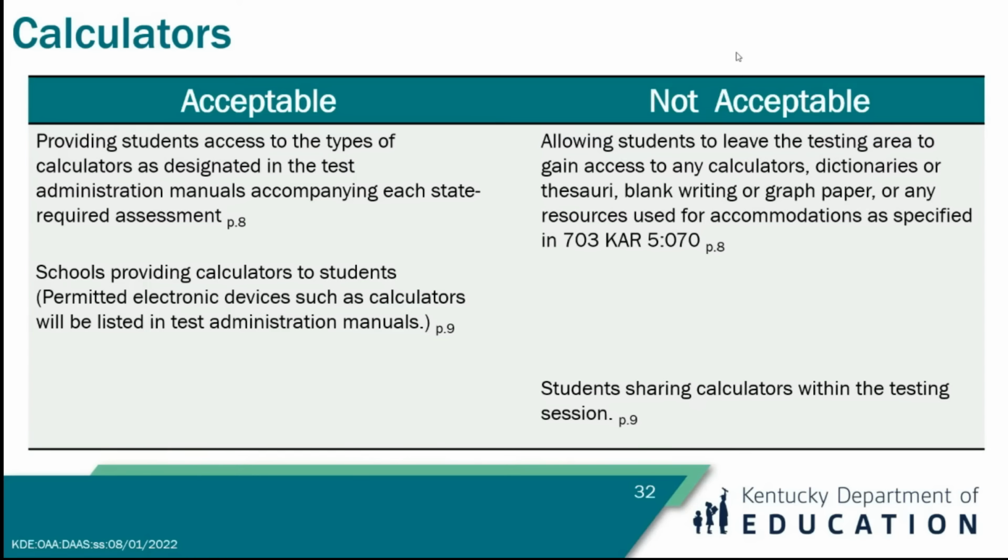Handheld calculators used for paper, pencil, or accommodated testing should adhere to the KDE calculator policy, which is available on the KDE website. Be familiar with the requirements of each assessment that you administer. Some test vendors have calculator policy requirements that may differ from KDE, such as the ACT.